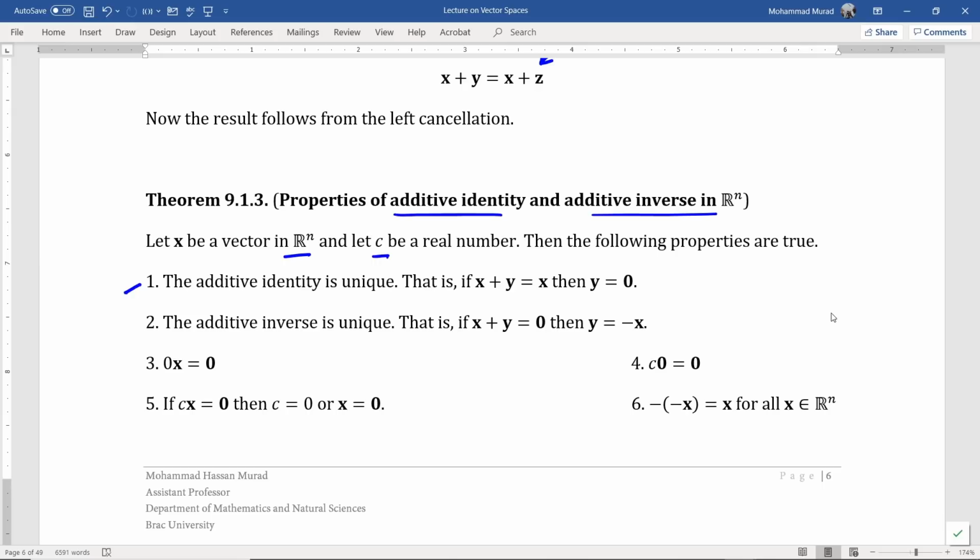That is, if x plus y equals x, then y must be equal to the zero vector. Property 2. The additive inverse is unique. That is, if x plus y equals the zero vector, then y must be equal to negative x.